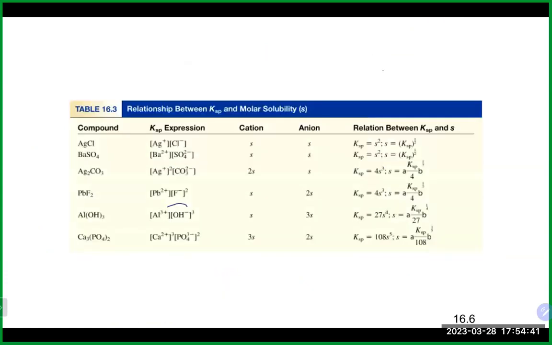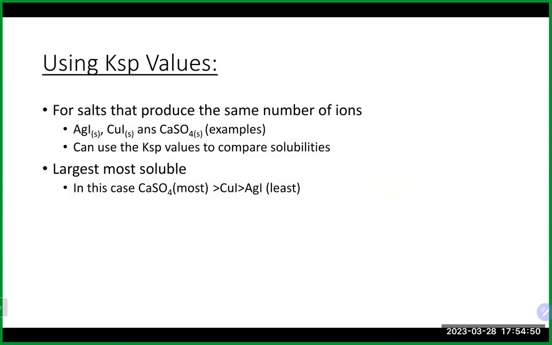All right, so this is a table of some of the Ksp expressions that you get, and obviously it does change based on the coefficients that we got there. So can we use Ksp values to help us understand what salt would be perhaps more soluble than another? And we can in certain situations.